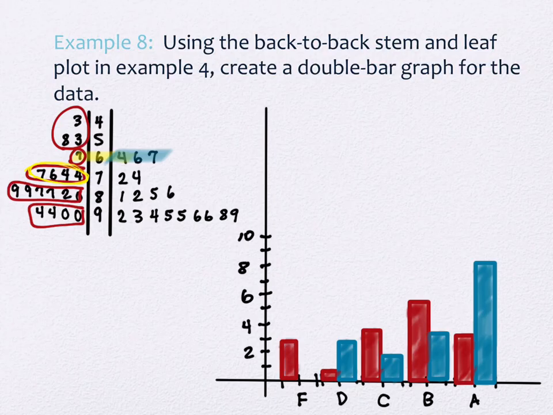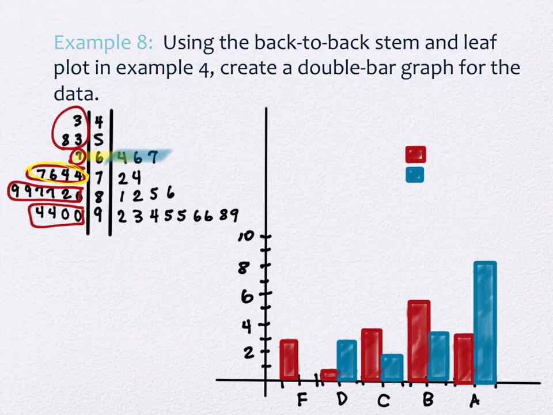Well, they have to be filled in some way because I'm going to need a key that distinguishes them from each other. So let me write the key so you can see what I'm referring to, okay? So in terms of a key on this one, we need to specify to the reader of this graph that this right here, this blue, means something. And if I'm doing it in red, it means something different specifically.